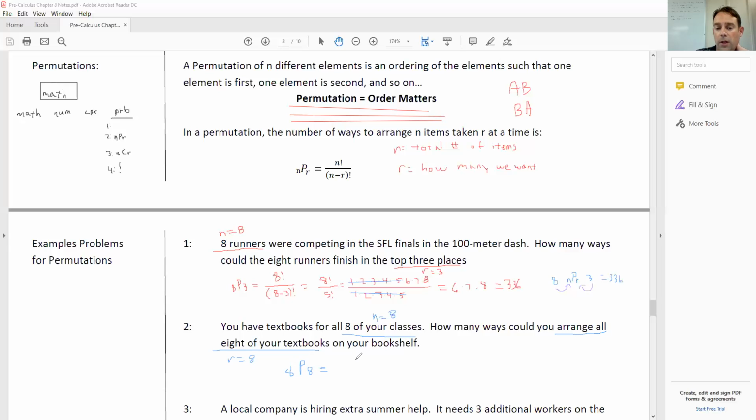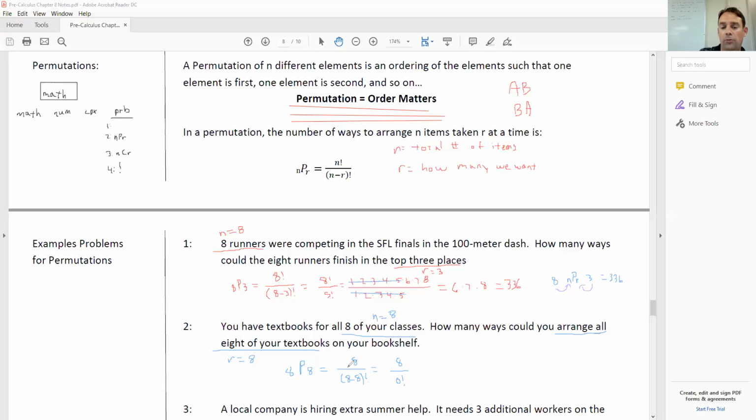And we plug this in here, 8 factorial over 8 minus 8. And I know what's going to happen here. I can hear it. Wait a minute, you can't divide by 0. But friends, this isn't 0. This is 0 factorial. Factorial means arrangements.